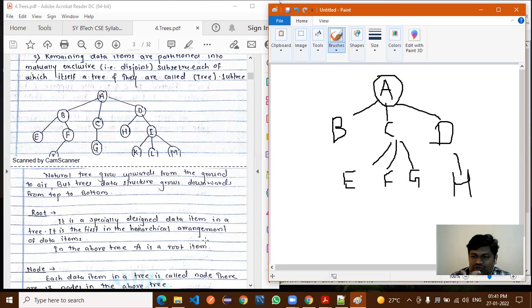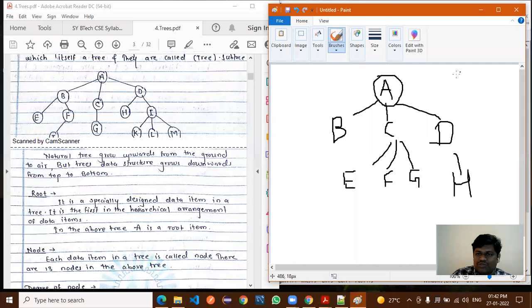Whatever the first node is when we are arranging the hierarchy, that first node is called the root node. Now in this tree, A is our root node, and the remaining nodes are B, C, D. These are the intermediate nodes, and E, F, G, H are the leaf nodes or child nodes, we can say, right? We'll discuss the terminologies we use in trees, all of them.